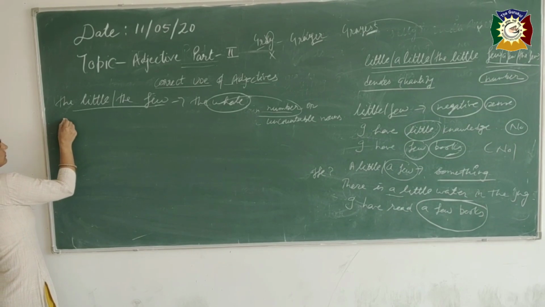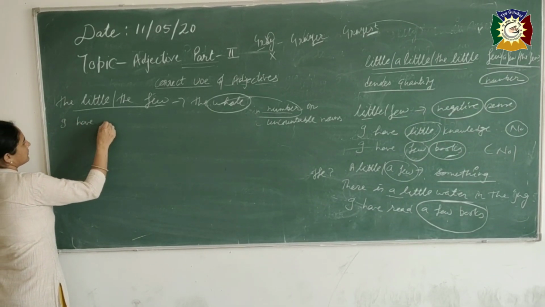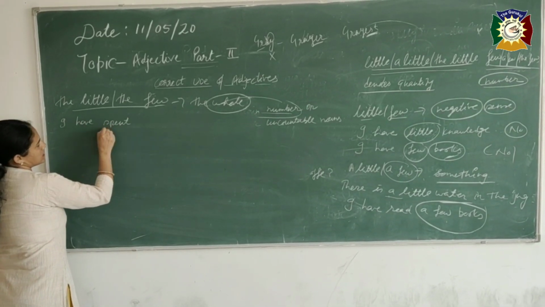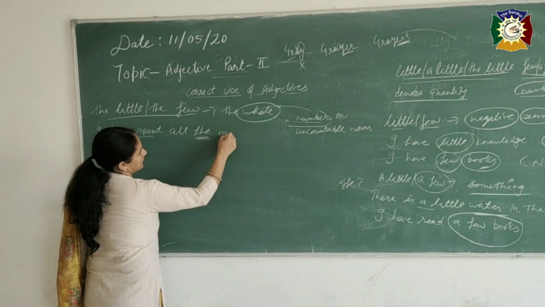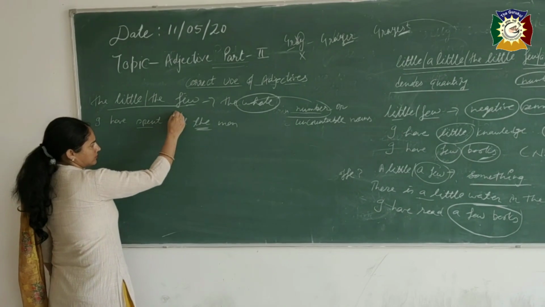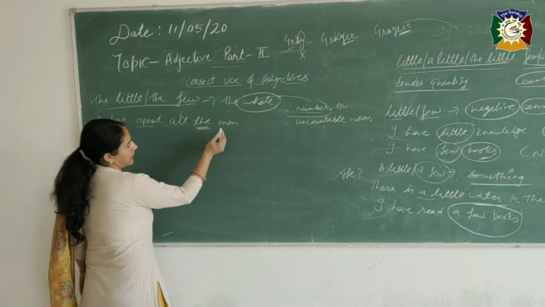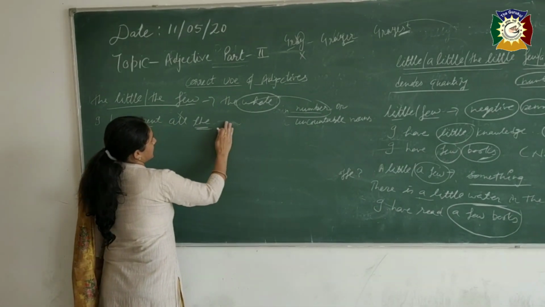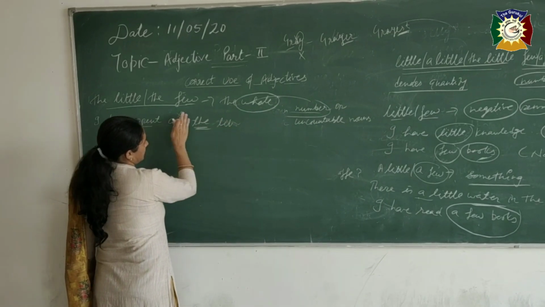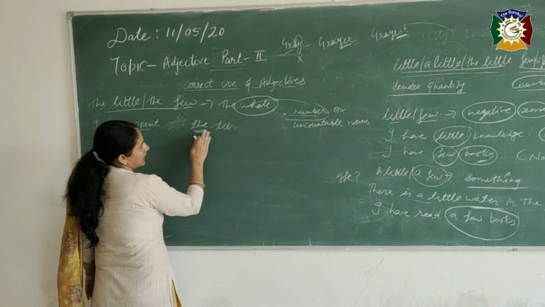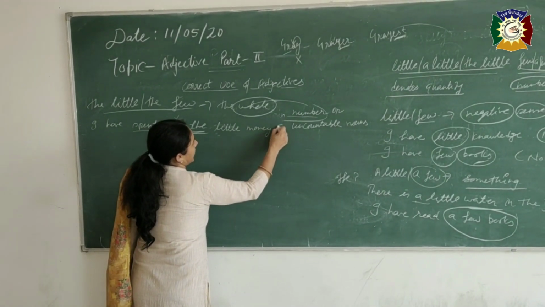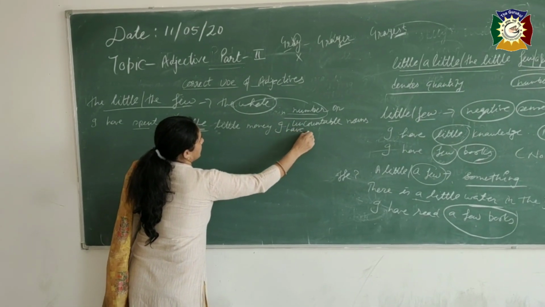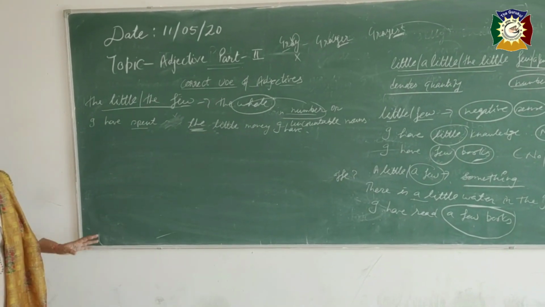Suppose I have spent all the money. There is no need to write all. I have spent the little money I had, the money you were having, you have spent it.